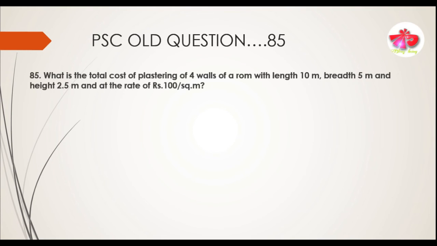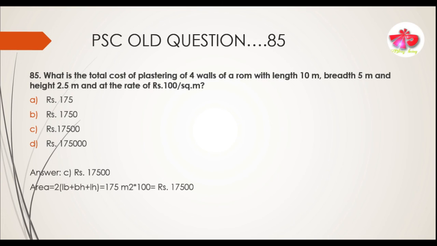Question number 85. What is the total cost of plastering of 4 walls of a room with length 10 meters, breadth 5 meters and height 2.5 meters at the rate of 100 per square meter? Option A, rupees 175; option B, rupees 1750; option C, 70,500; option D, 1,75,000. So friends, the area of the 4 walls can be calculated by area equals 2 times (L plus B) times H, and if you solve this you will receive 175 square meters as the total area.